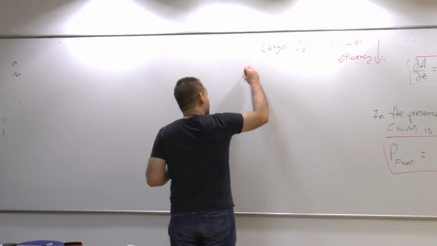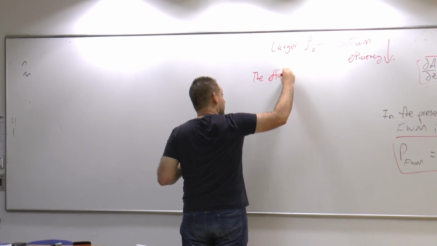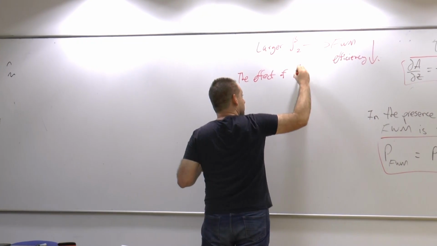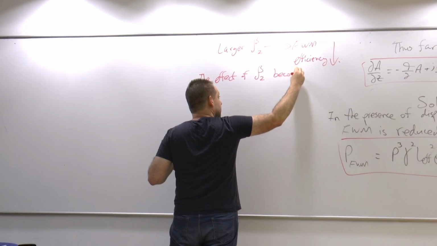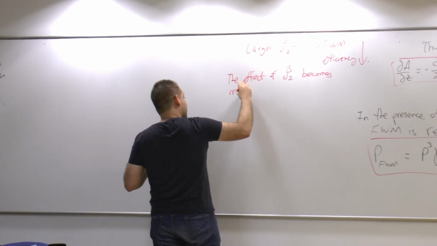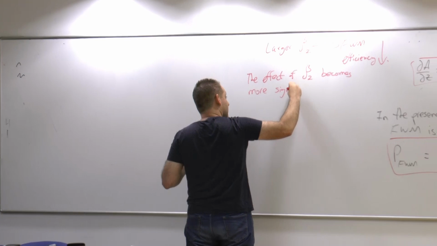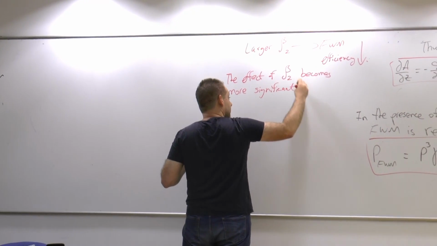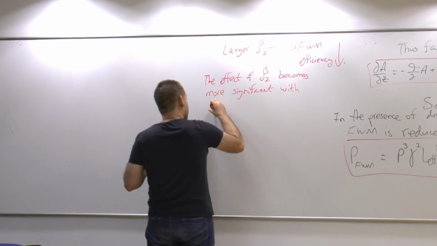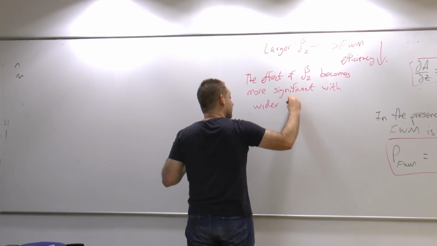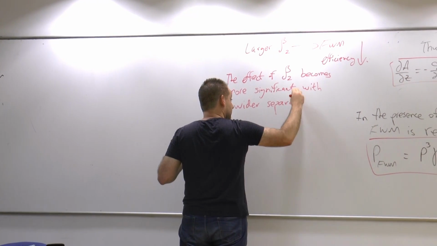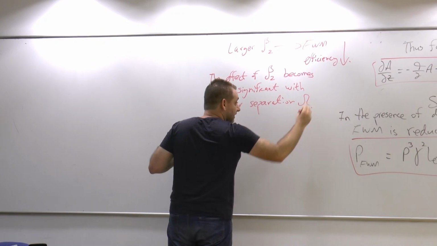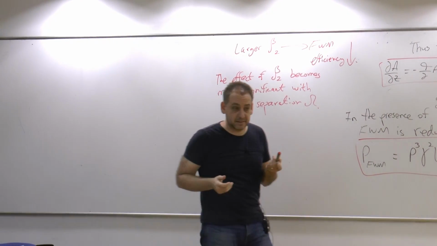So the effect of beta 2 becomes more significant with wider separation omega. This is to be expected.